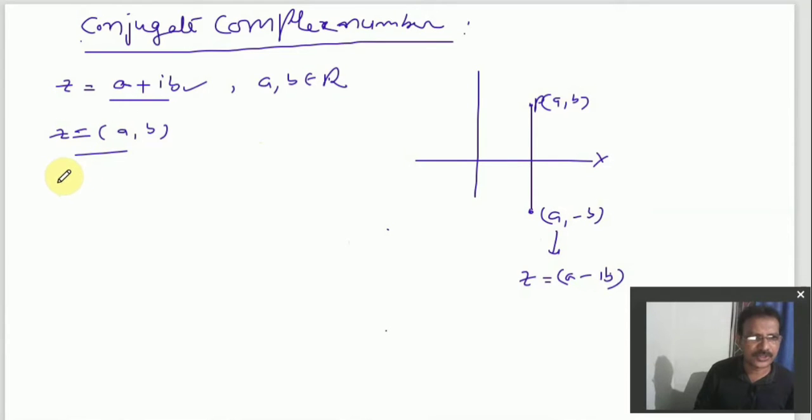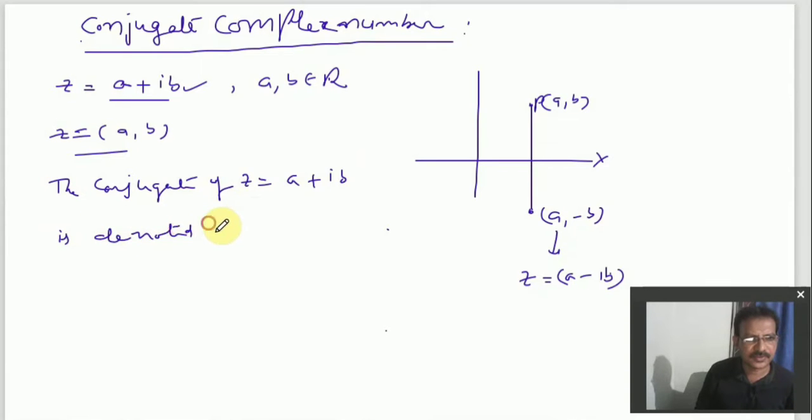So the complex conjugate of z equal to a plus ib is denoted by z bar, which is equal to a minus ib.